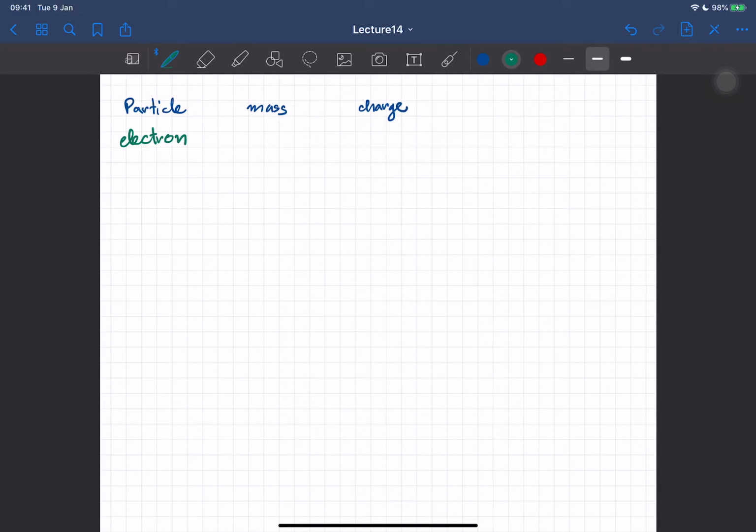So electron is very light. Usually the mass of electron is abbreviated using the symbol m subscript e. Okay, so e here stands for electron. So the mass of electron is measured to be about 9.1 times 10 to the minus 31 kilogram.